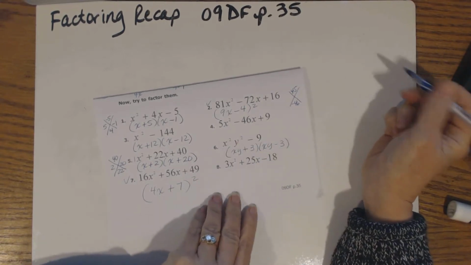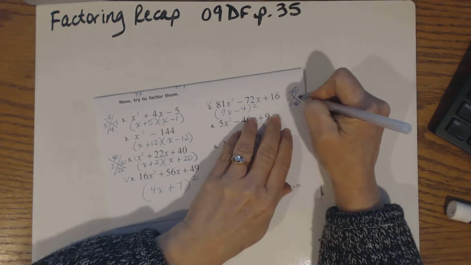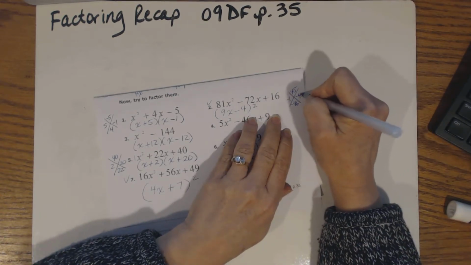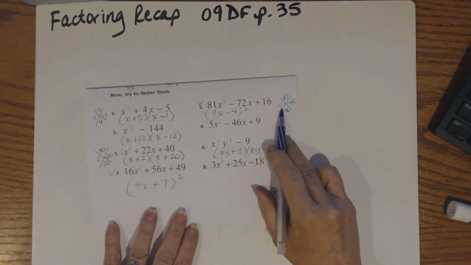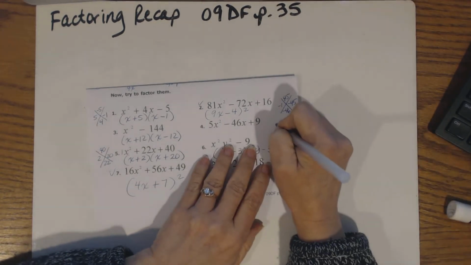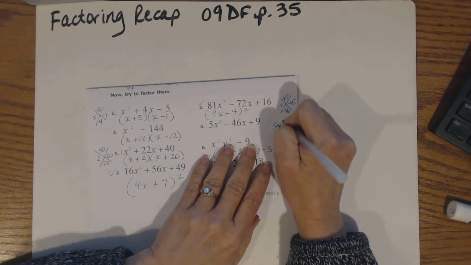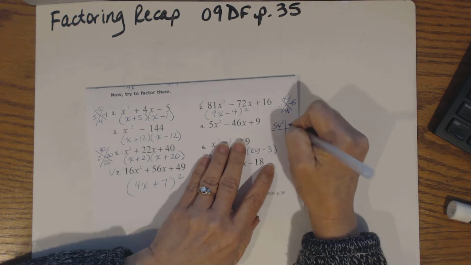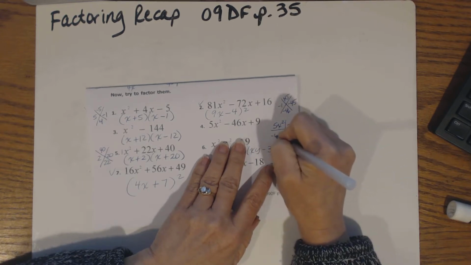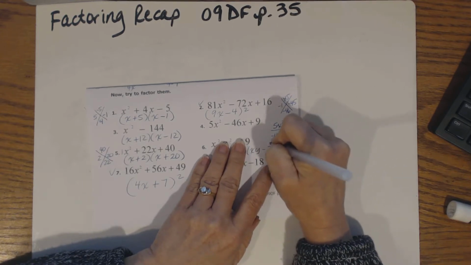Oh, that's not too bad. Negative 1 times negative 45, right? So that's my inner and my outer. If I plop those in my box, I have 5x squared and 9, negative x, negative 45x.